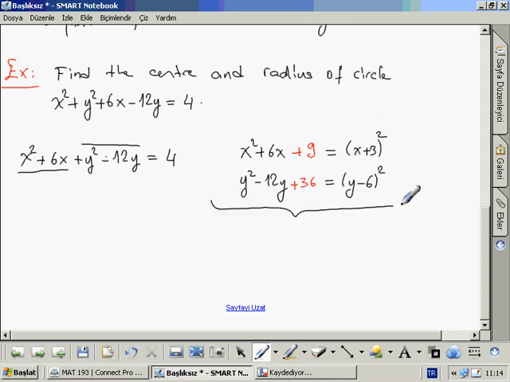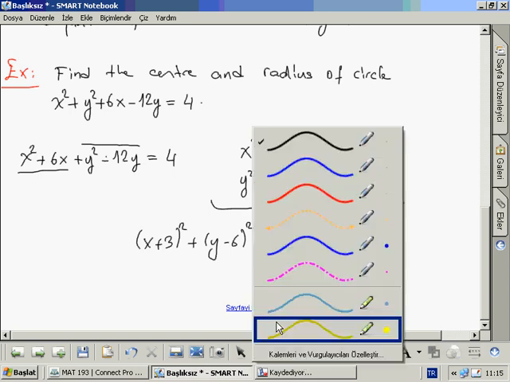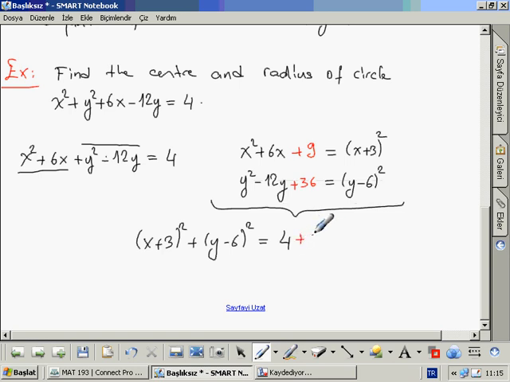After that we can say (x plus 3) squared plus (y minus 6) squared equals 4 plus 9 plus 36, because we completed the square, so we must add these numbers to the right-hand side of the equality.